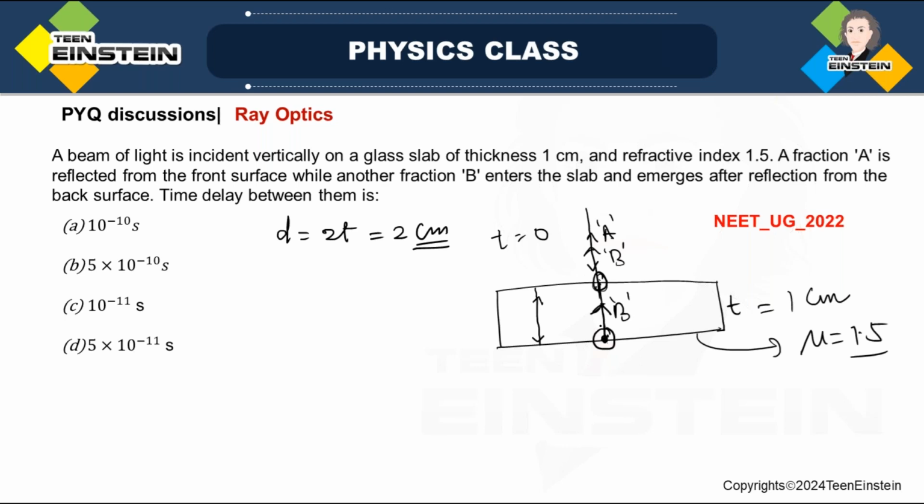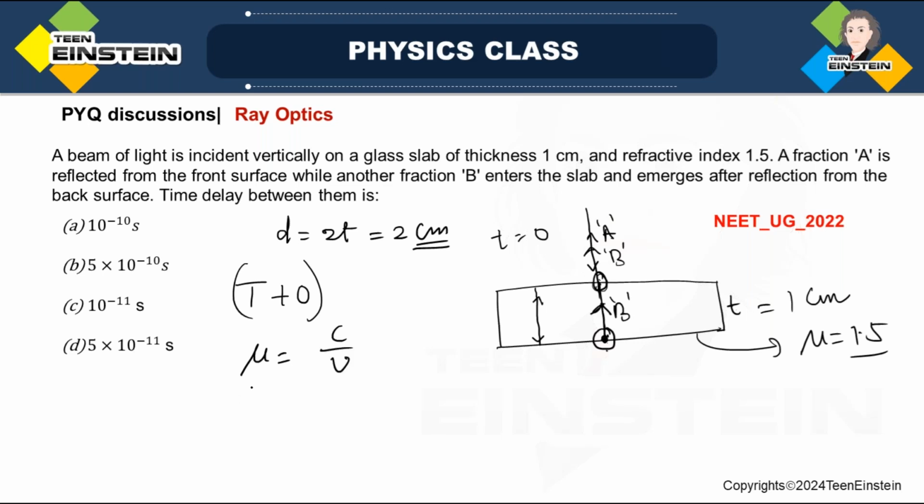If I say that the time is capital T, then capital T plus 0 is the total time it takes to emerge out. We have to find out what this capital T time is. That is the time to cross this glass slab twice by the fraction of light B.